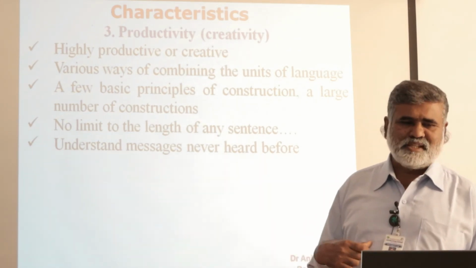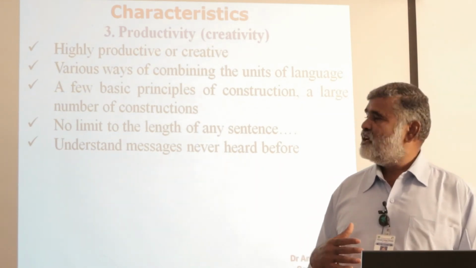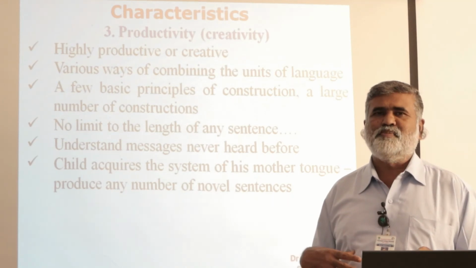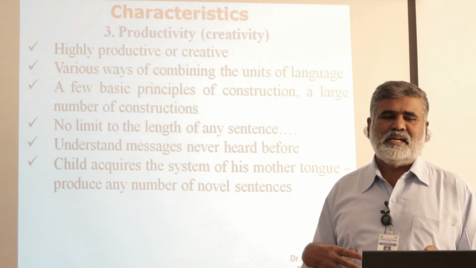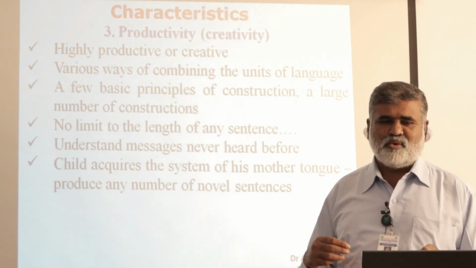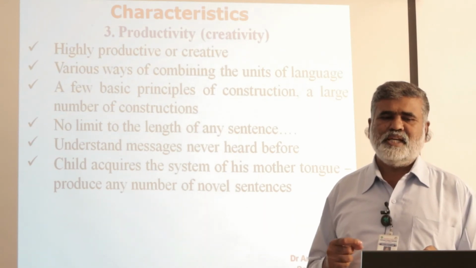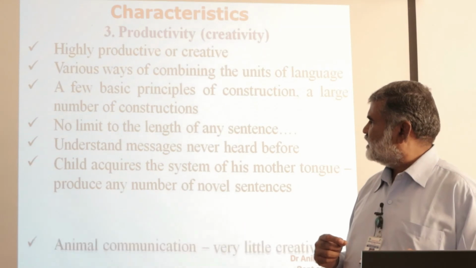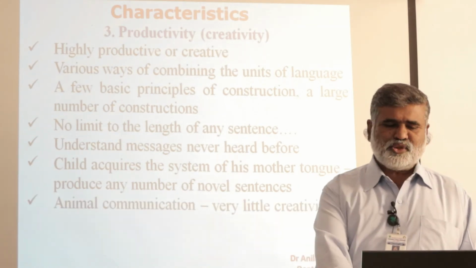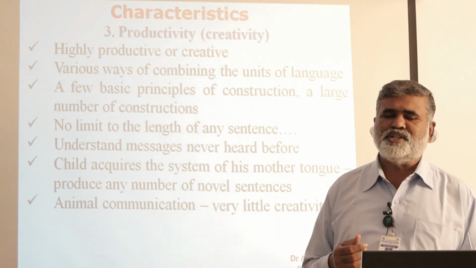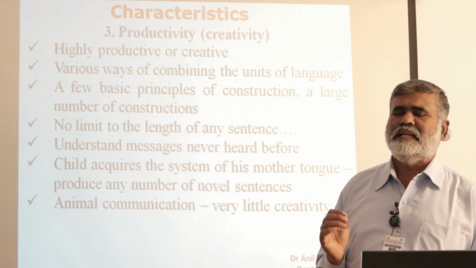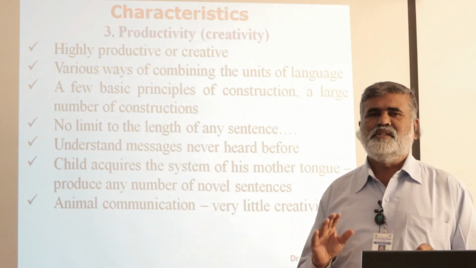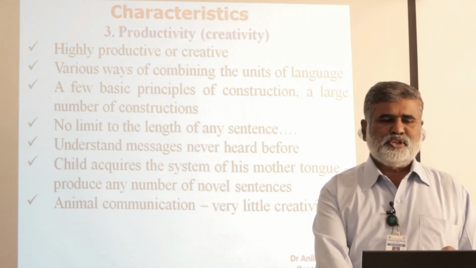And here there is one example. A child acquires the system of his mother. What the mother or the surrounding people say is easily acquired. So the child can produce any number of novel sentences, that is, different sentences. And what happens in animal communication? There is very little creativity. Means in animal communication they have no such scope.